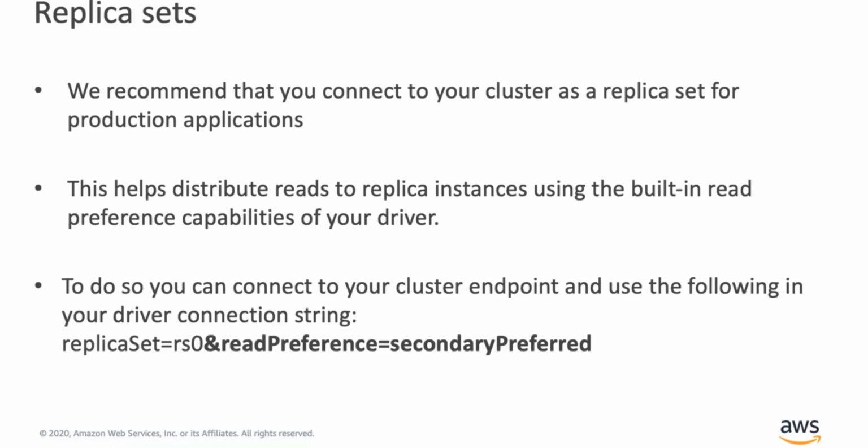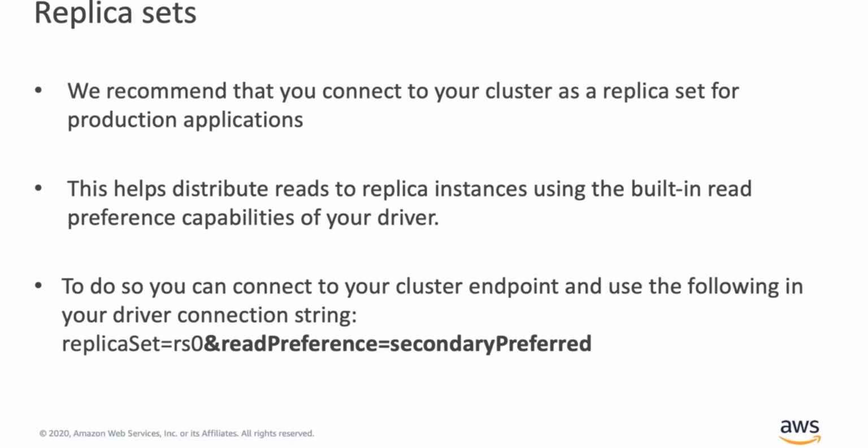All right, moving on. I mentioned replica sets a few minutes back. A replica set is essentially a group of instances of the primary and secondary kind, where you'll have one primary and a few other secondaries.